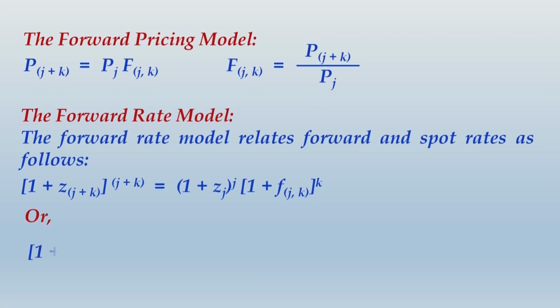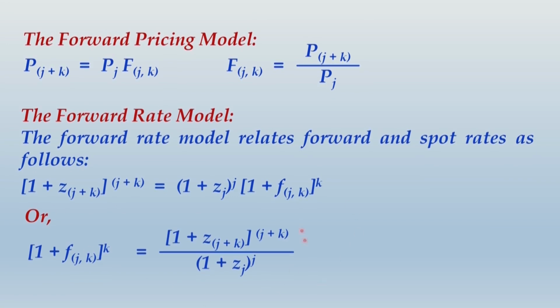Or you can compute the forward rate like this. Now this again might appear confusing for you, but you have already learned how to apply it in earlier examples. So this whole notation, if you consider it through examples, you will have a much better understanding.